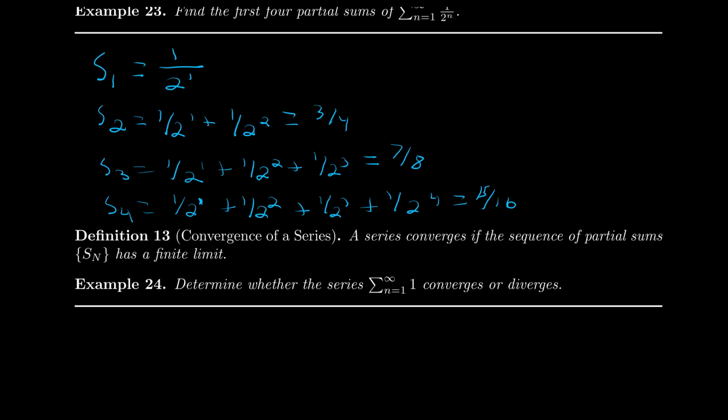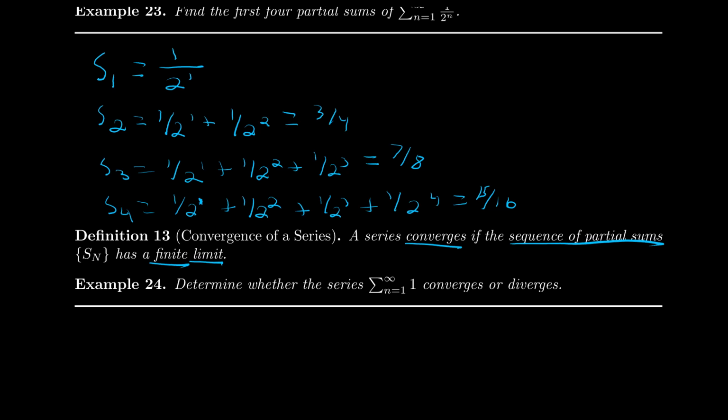By the way, a series converges if the limit of the sequence of partial sums has a finite end. That is, if it converges. So, a series converges if and only if the limit of the sequence of partial sums also converges.